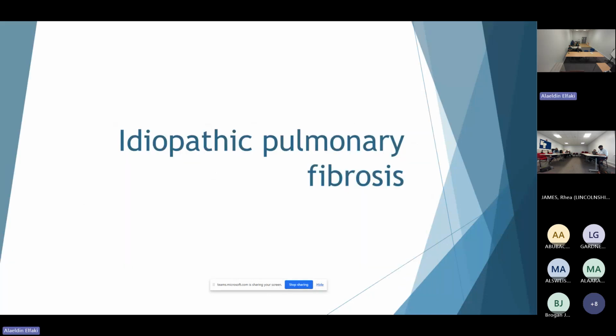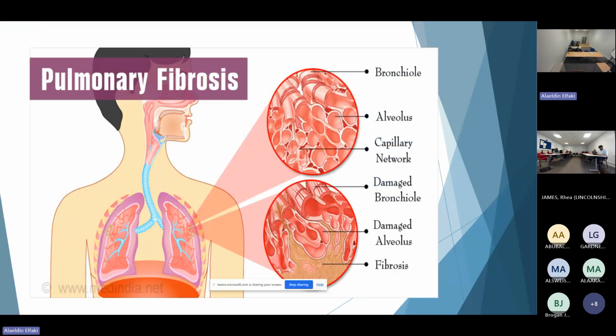So if we go through idiopathic pulmonary fibrosis, which is the commonest type of interstitial lung disease that we encounter in clinical practice, this is a diagram showing a cross-section of the small airways, terminal bronchioles, and the alveoli, including the alveolar wall. And we see the normal cross-section view for the terminal airways compared with the distal one, which showed the destruction of the alveolar wall and thickening of the interstitium.